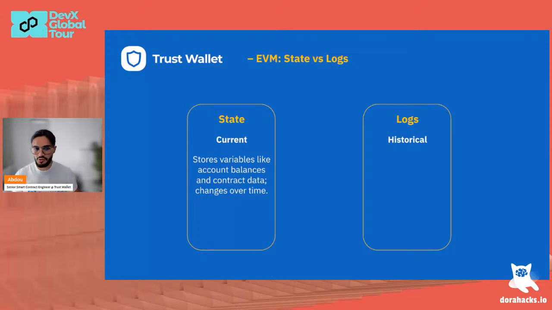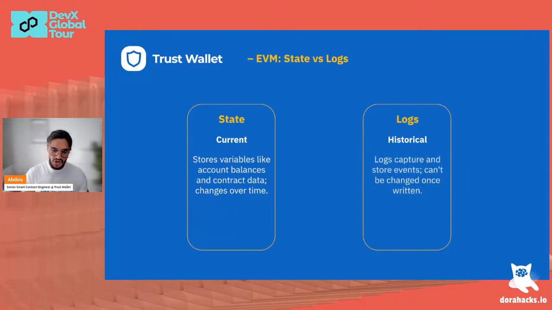In each block, we can know the changes of the state, so using the consensus we can make sure that this data was not tampered with, and we can track it even back to the Genesis block. Logs, on the other side, capture and store events, which we're going to see in a moment, and they can't be changed once written. Once an event has been emitted, there's no way to change that same event.